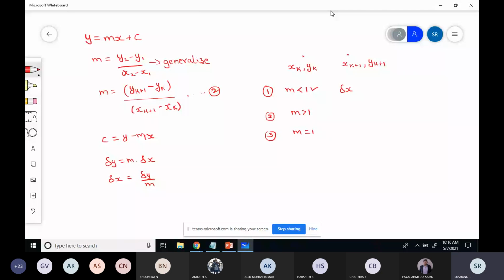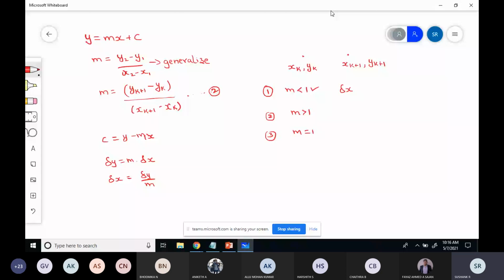So if you're changing the value of delta x in small increments, the same thing will get reflected along the y also. So when the value of m is less than 1, you can set delta x proportional to a small horizontal deflection, such that it is proportional to the delta y.